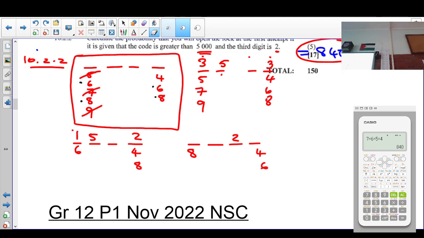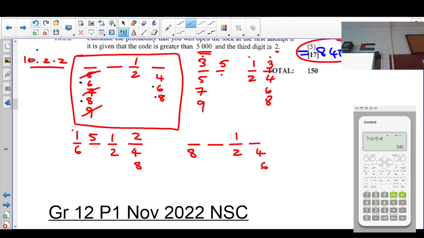It can only be a 2, so there is one option.